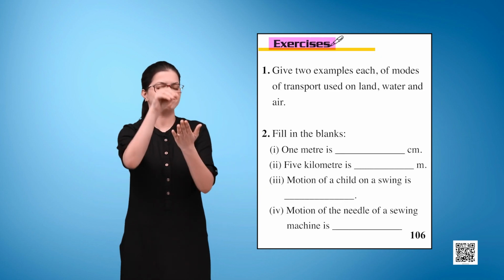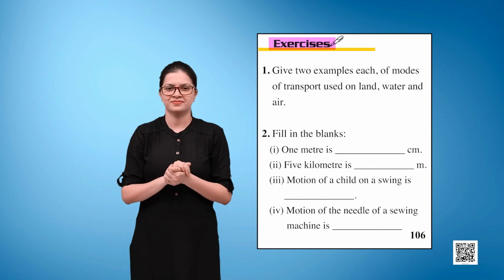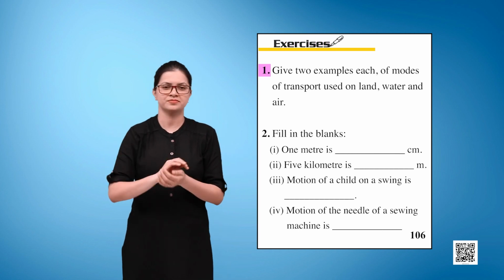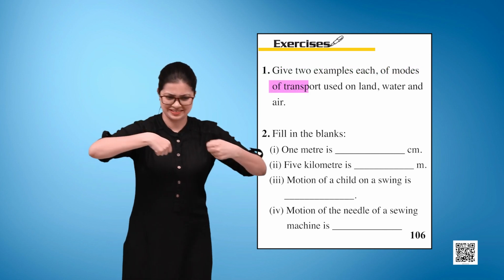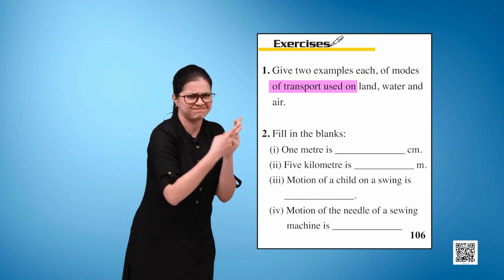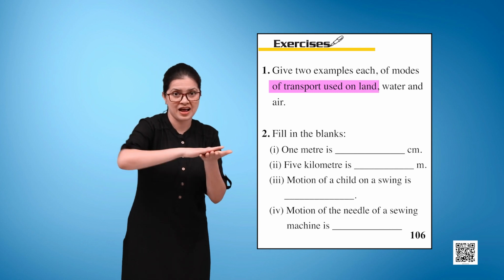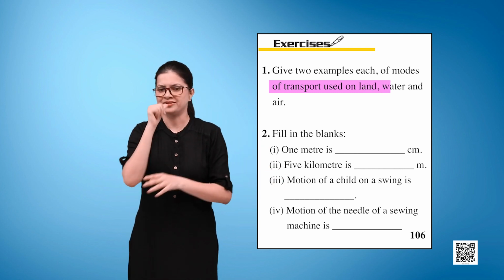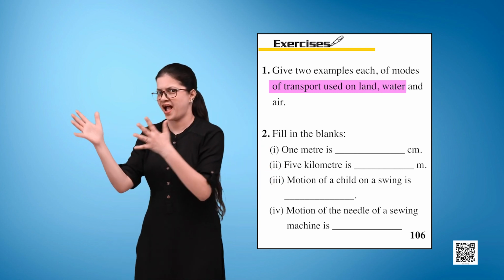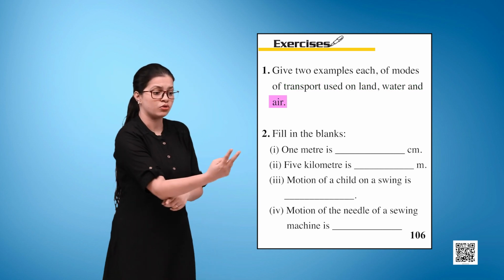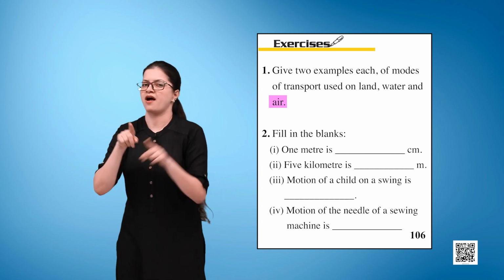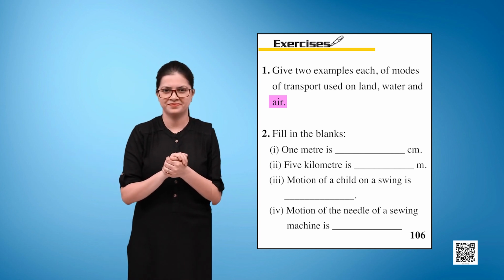Exercises. 1. Give 2 examples each of modes of transport used on land, water, and air. 2.